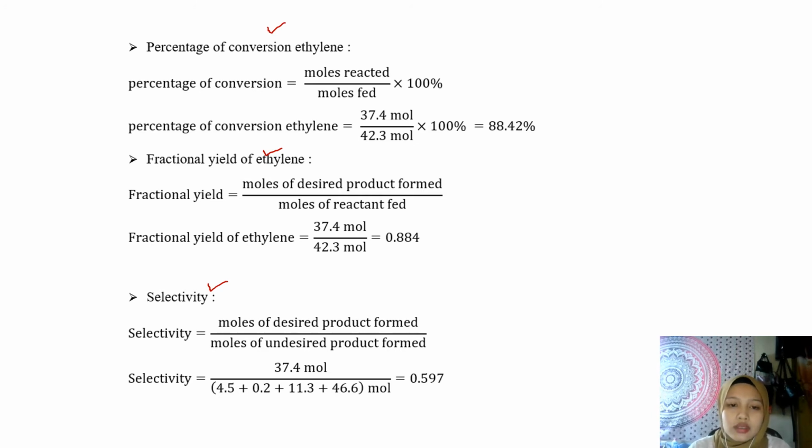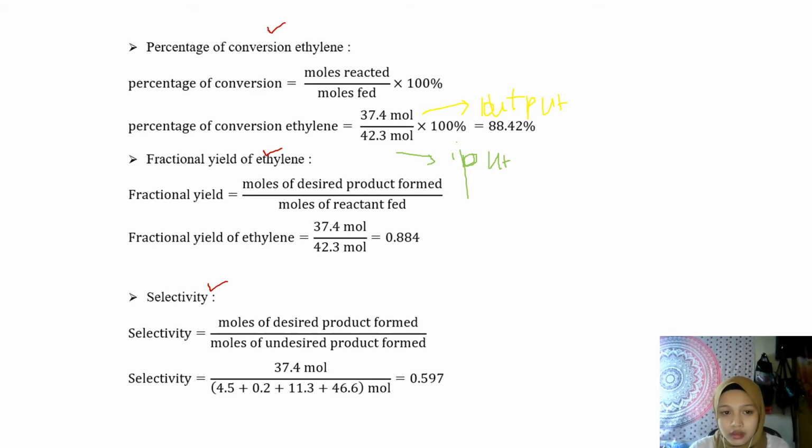So the percentage of conversion of ethylene is the number of mole of the ethylene at the output side, divided by the number of mole of the ethylene at the input side, multiplied by 100%, and we get 88.42% conversion of ethylene.